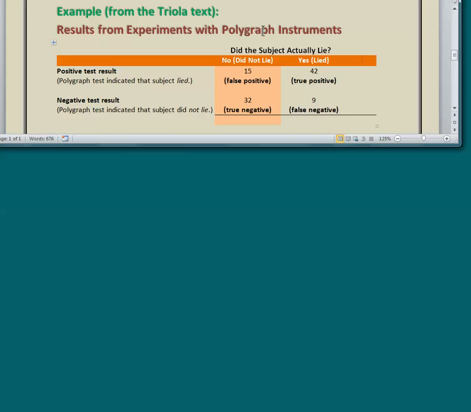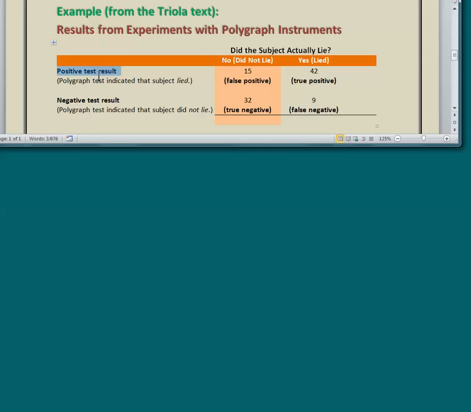First of all, we're talking about polygraph instruments. Polygraphs are also known as lie detectors. So let's see what's happening here. We're looking at two things. One is, did the subject, that is the person taking the lie detector test, did they actually lie? So that's what really happened here. Don't confuse that with what's going on over here.